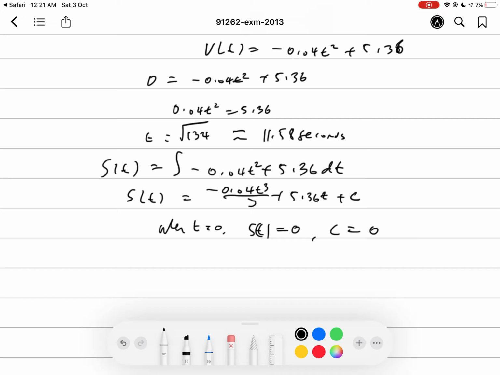So now we need to substitute t equals the square root of 134 in order to find out the distance traveled. So s of square root of 134 equals negative 0.04 times square root of 134 cubed over 3 plus 5.36 times square root of 134.